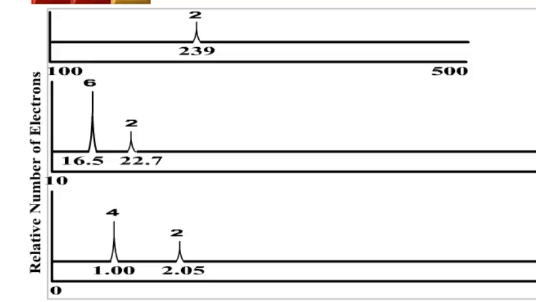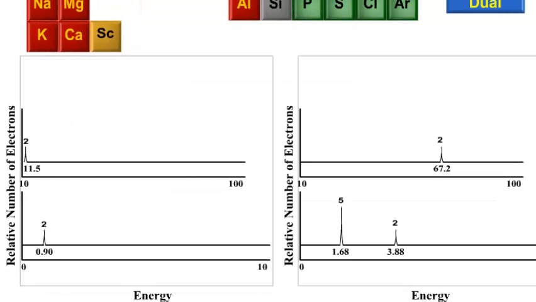So, remembering Coulomb's law, the binding energy is inversely proportional to the square of the distance. These 2nd energy level electrons are closer to the nucleus than these 3rd energy level electrons. Therefore, it takes more energy to pull the 2nd energy level electrons away than it does the 3rd energy level electrons.